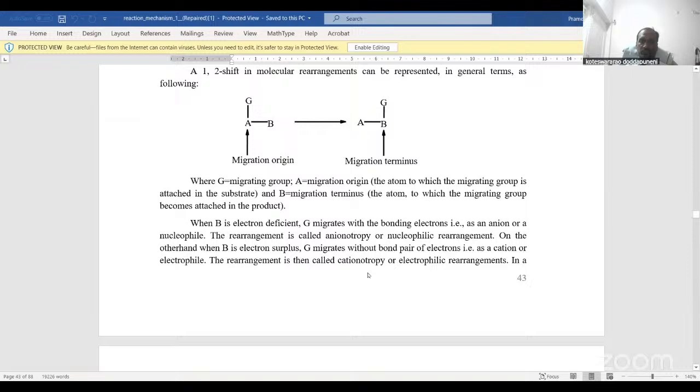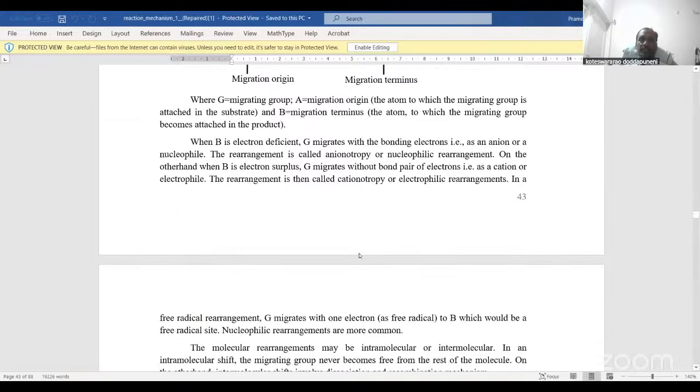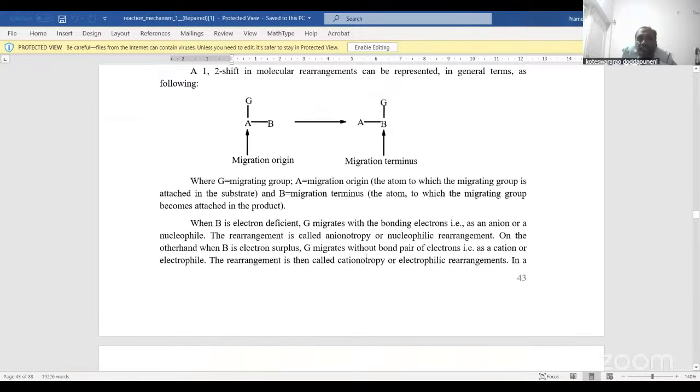Okay, where G is the migrating group and A is the migration origin, B is the migration terminus. Migration here is of several types, depending on the migration mechanism. Suppose B is electron deficient, B is the migration terminus. From A to B it is moving.